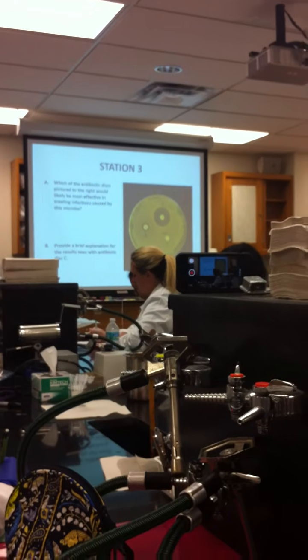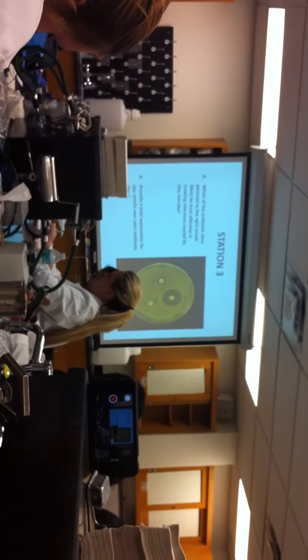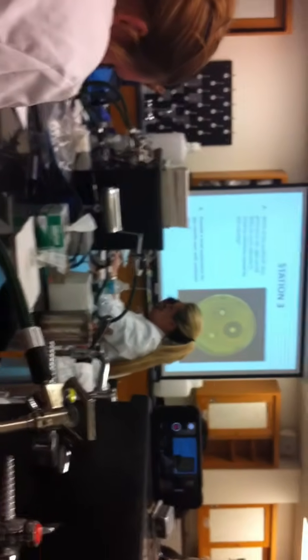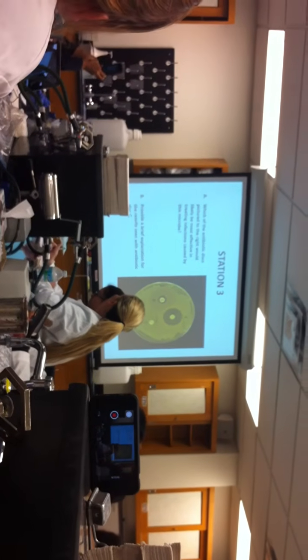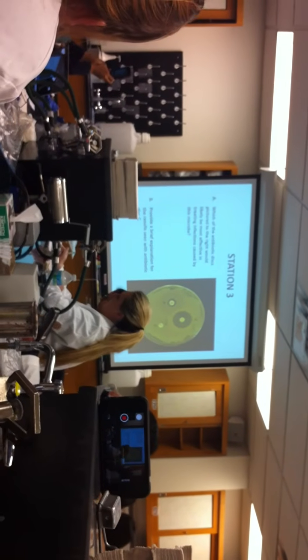Now, what do you think is going on in C? Antibiotic resistance. So how do you get antibiotic resistance? What are you doing to the antibiotic? In general, the way that they deal with antibiotic resistance is by destroying the antibiotic.